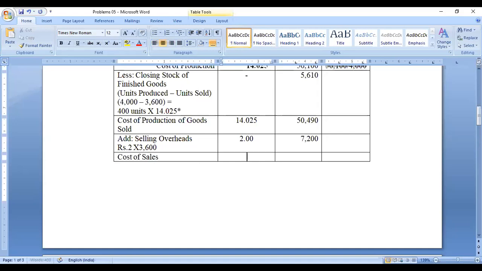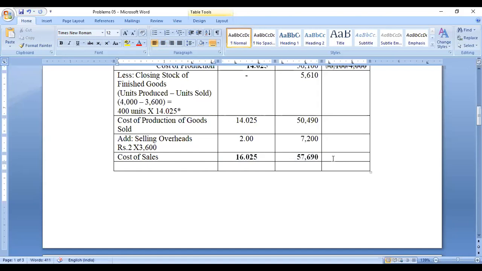The amount is 7,200 plus 50,490, which is 57,690. So this is our cost of sales. Cost of sales calculated.